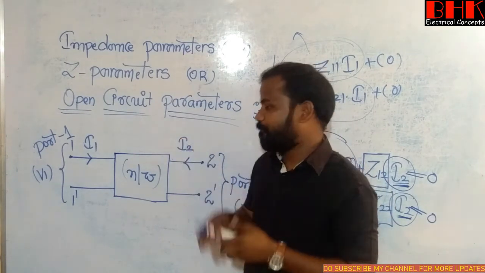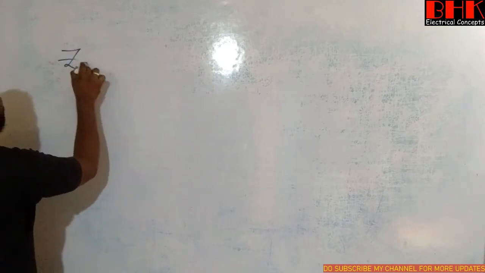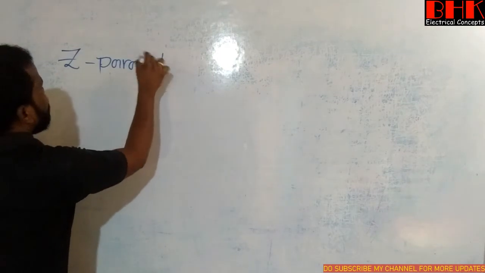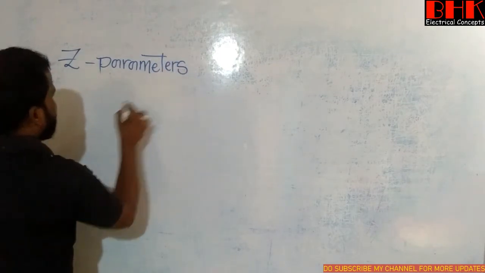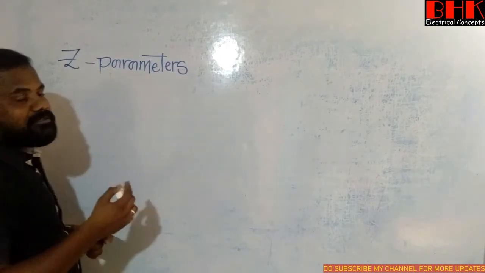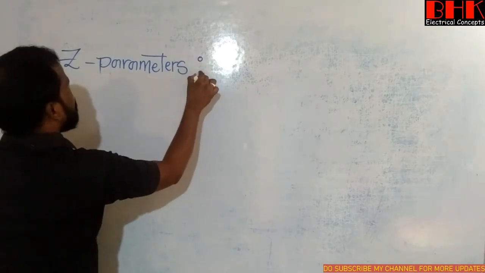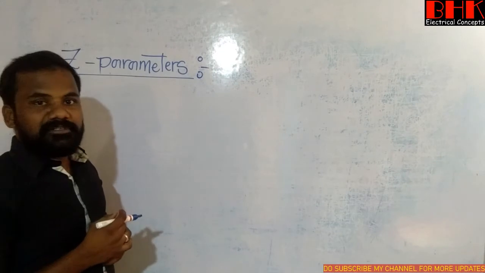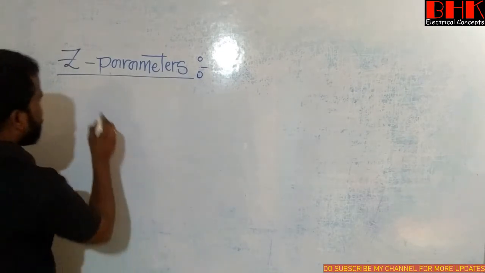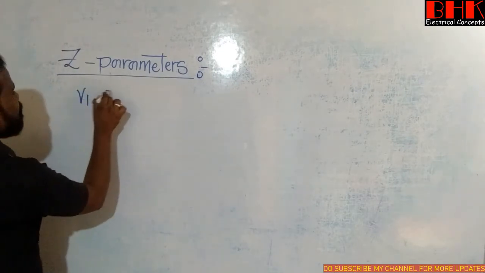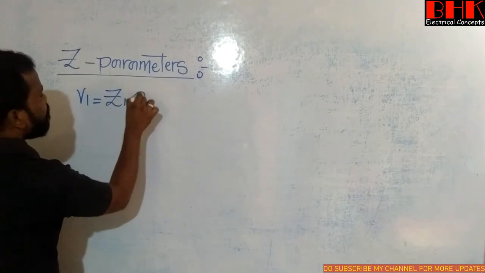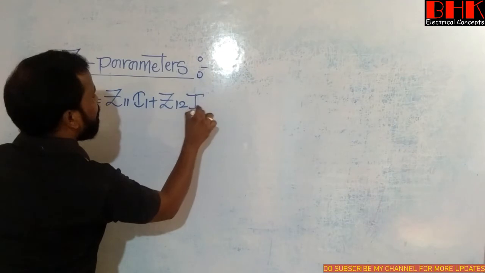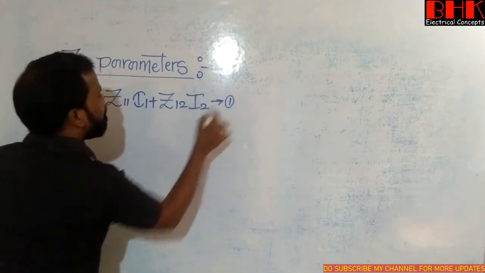Now see here, Z parameters, or we can also call them impedance parameters, or open circuit parameters. Clear? So just see here, what are the voltage equations in terms of currents? V1 is equal to Z11 I1 plus Z12 I2, assume equation number 1.